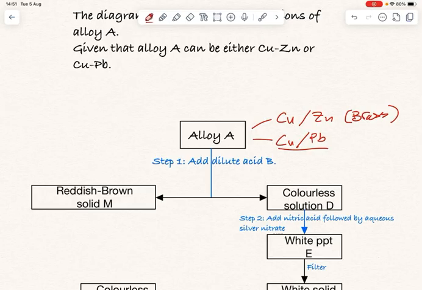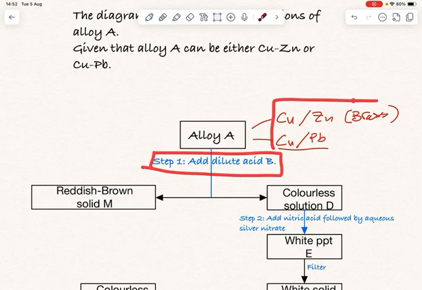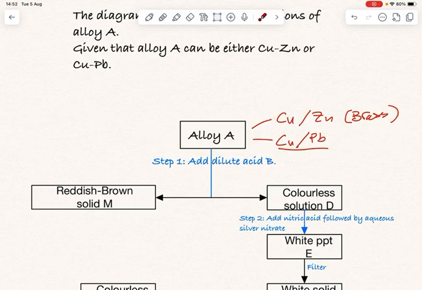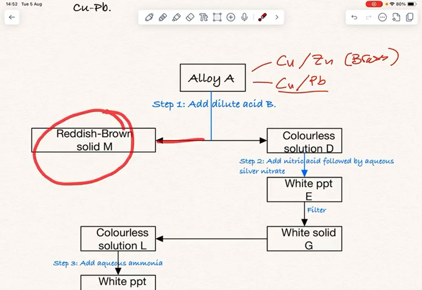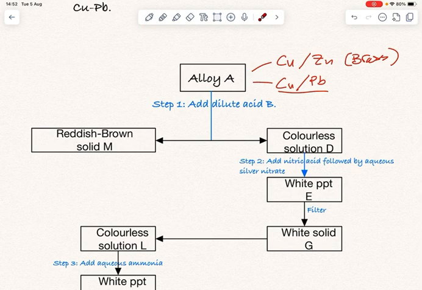Anyway, when you add acid to your alloy, obviously it will be split into a reddish-brown solid M and a colorless solution D. Why is solution D colorless? Because you're having an acid.